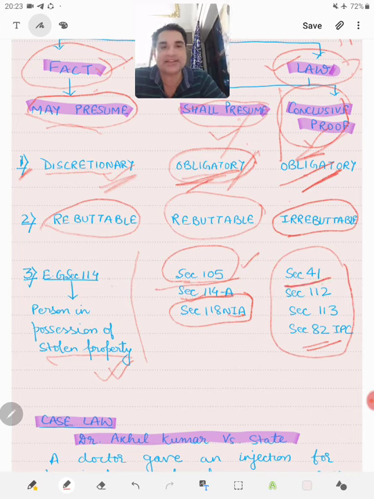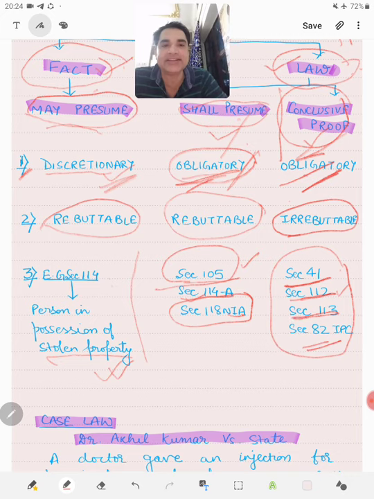Section 41 of the Indian Evidence Act gives certain conclusive proof with regard to insolvency, matrimony, admiralty, and probate. Some judgments regarding it are taken to be conclusive proof. Similarly, Section 112 of the Indian Evidence Act, where legitimacy of a child is conclusive proof.